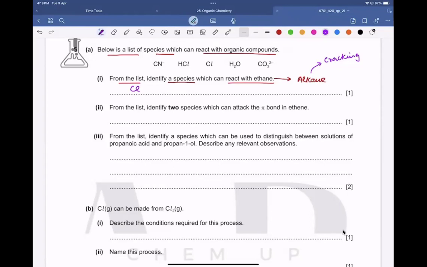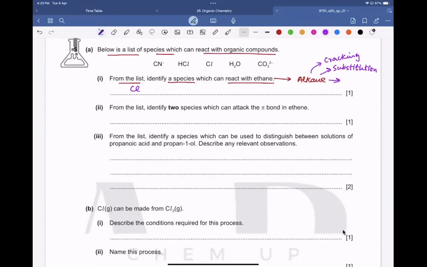So it would undergo cracking. It would undergo substitution, and in substitution, it reacts with the halogen, not HCl. And combustion. So these three reactions alkane would undergo. And here only in combustion it reacts with the oxygen. In substitution it reacts with the halogen.